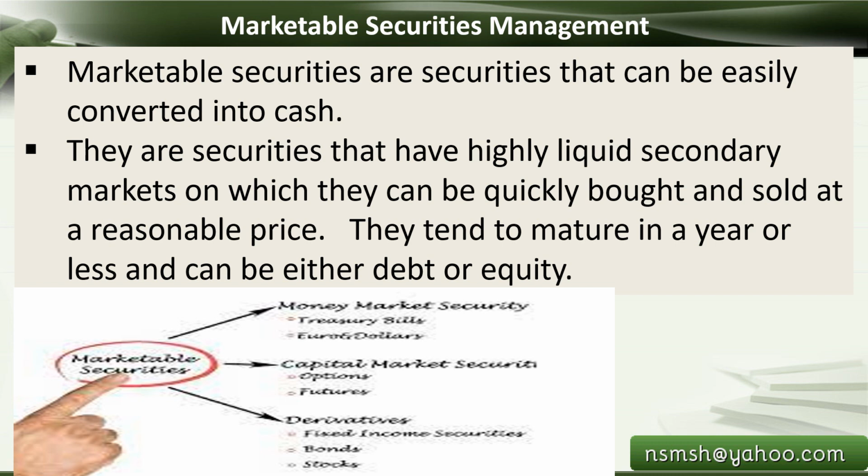Marketable securities are securities that can be easily converted into cash. They have highly liquid secondary markets on which they can be quickly bought and sold at a reasonable price. They tend to mature in a year or less and can be either debt or equity.